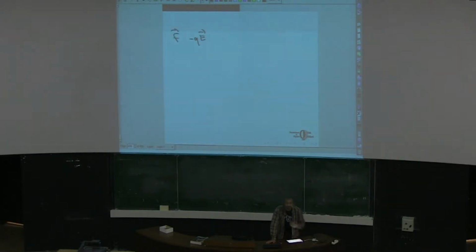Q times E is the force exerted by the electric field. If we want to move it around with 0 acceleration, then we should exert this much force so that it will have 0 net force and hence 0 acceleration. Now, the work done as we move this charge in one closed loop, whatever the loop is, is equal to minus Q E dot dl over one closed loop, which is definitely not 0.